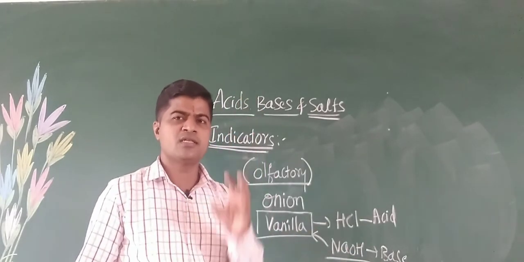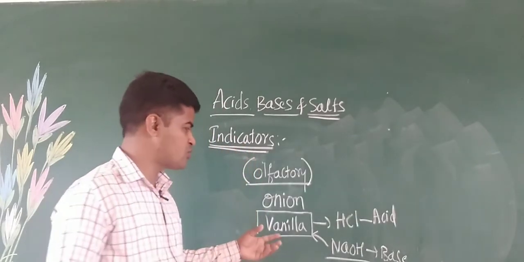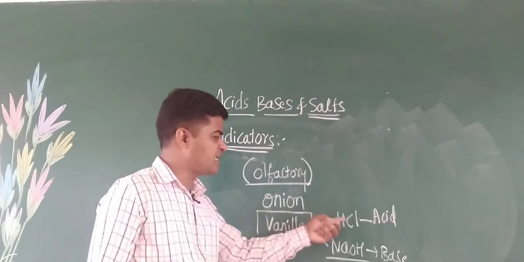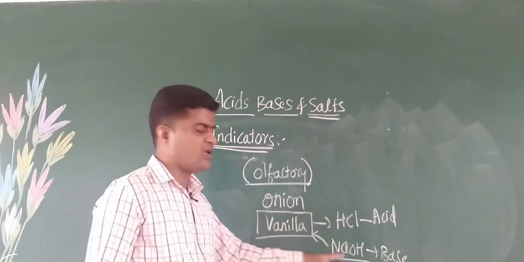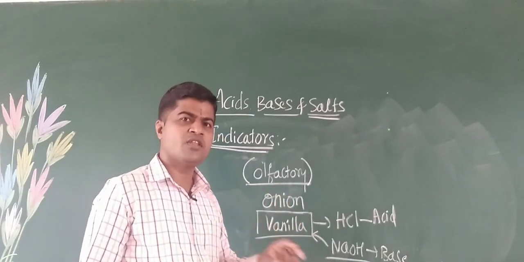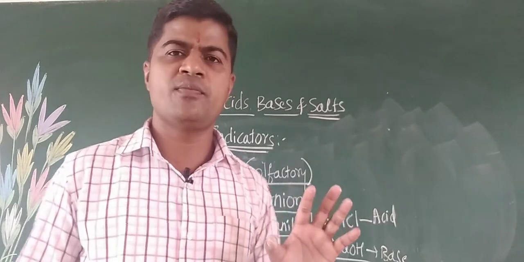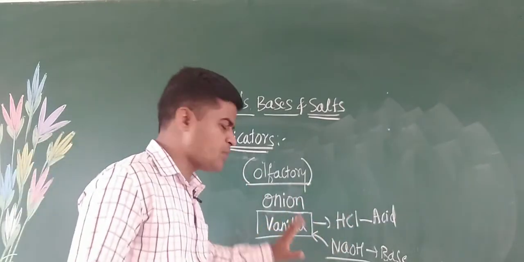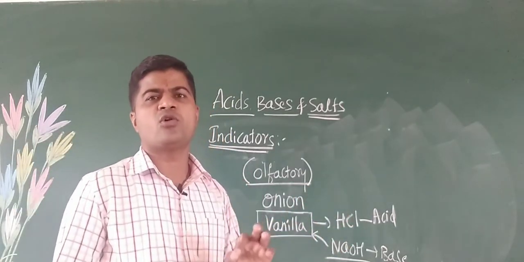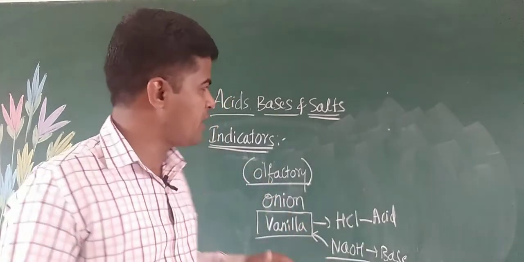So the substance behaves differently in acidic medium and in basic medium. If you add HCl, the smell remains the same. If you add NaOH, the smell is definitely going to be suppressed. That is what we call olfactory indicators.